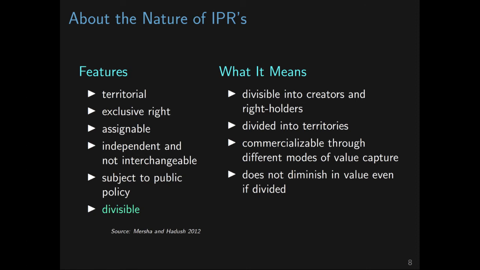What this means is that you can divide ownership into creators and right holders. You can also divide the marketing of the IP in different territories. And you can use different ways of commercializing it, as I mentioned, through licensing, sale, and assignment.